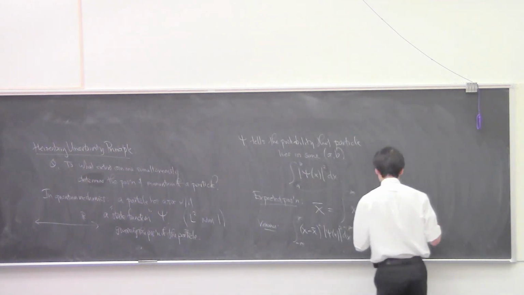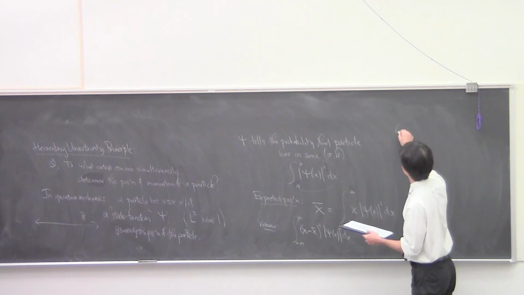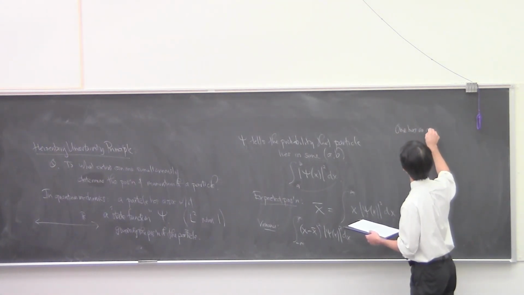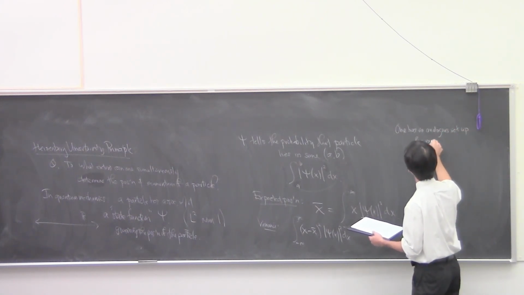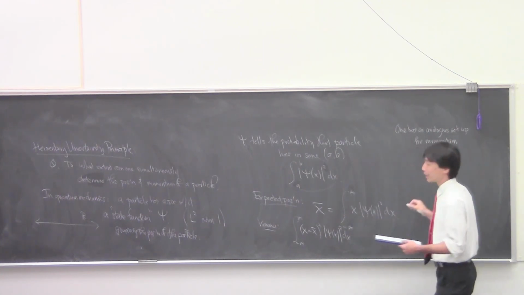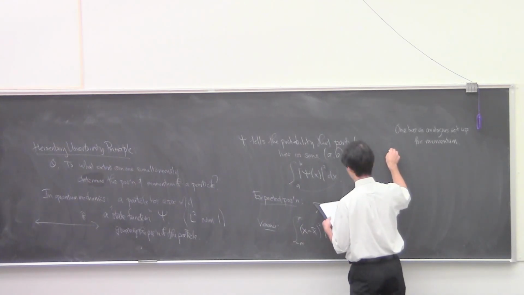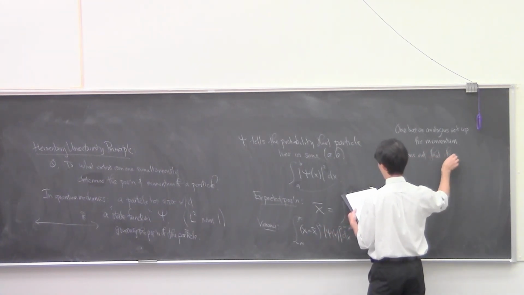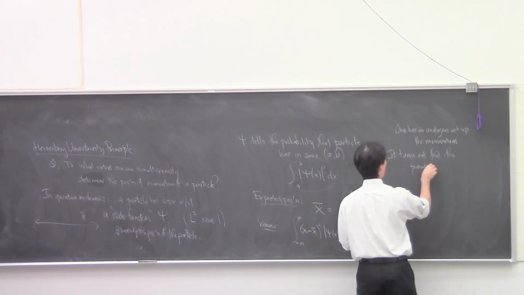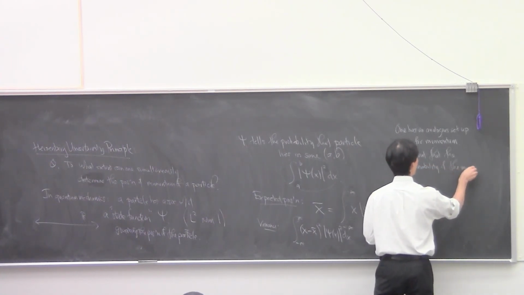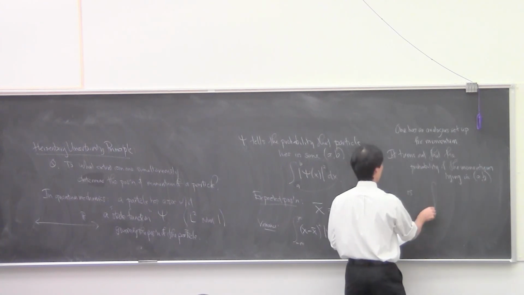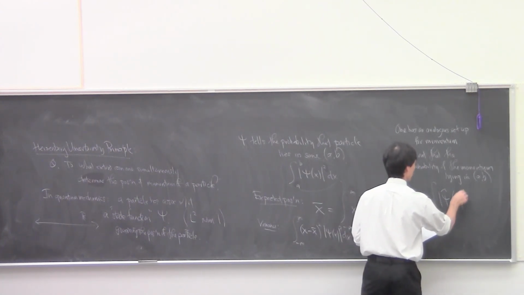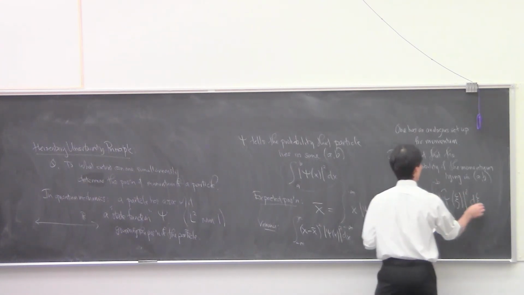So here's the cool thing. One has an analogous setup for momentum. But here's the interesting thing. It turns out that the probability of the momentum lying in AB is the integral of the Fourier transform over AB.